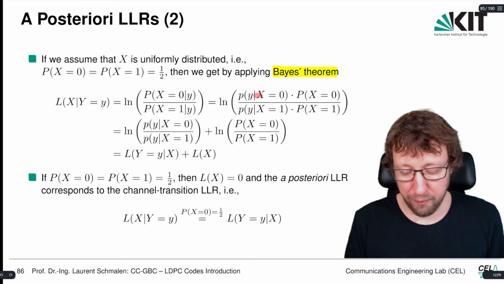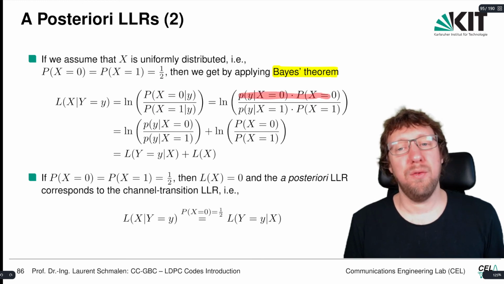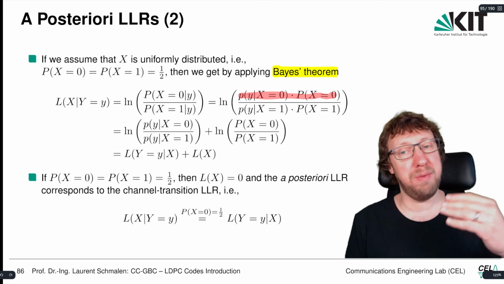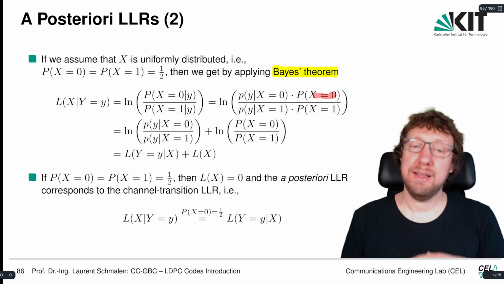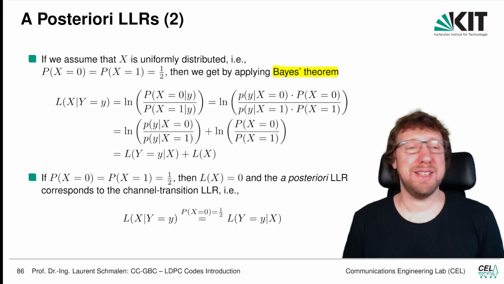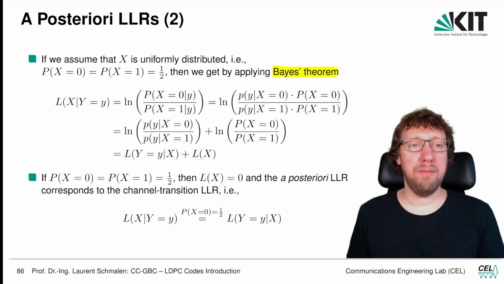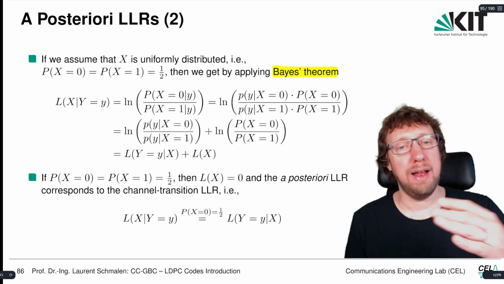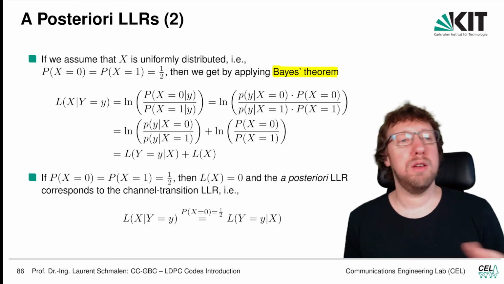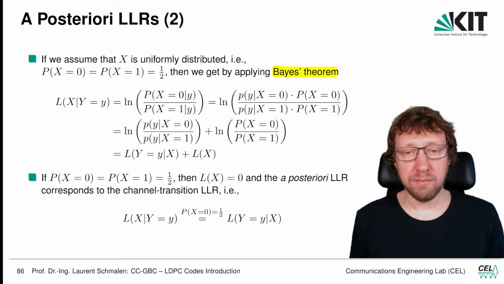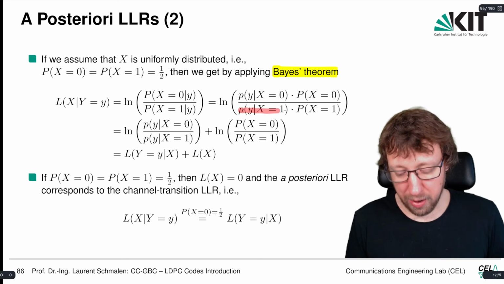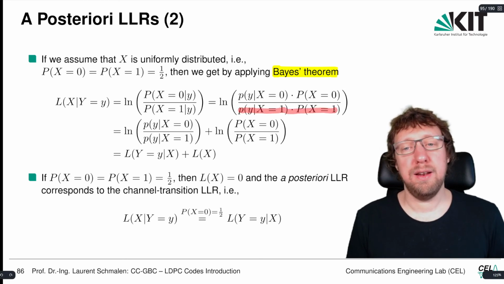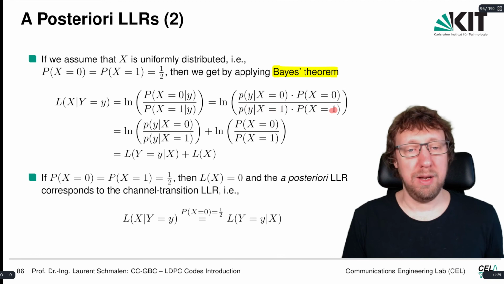And we get p of y given x equals 0 times p of x equals 0 divided by p of y. This p of y is a nasty normalization term, which will cancel out because we need to divide numerator and denominator by p of y. So both of them will cancel. So then we divide by p of y given x equals 1 times p of x equals 1.